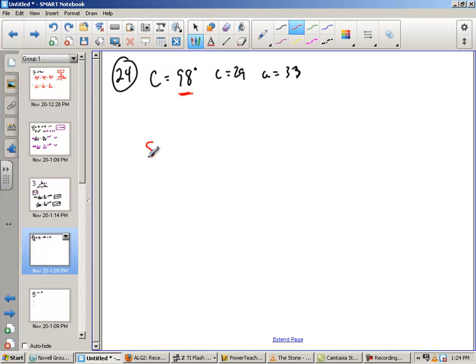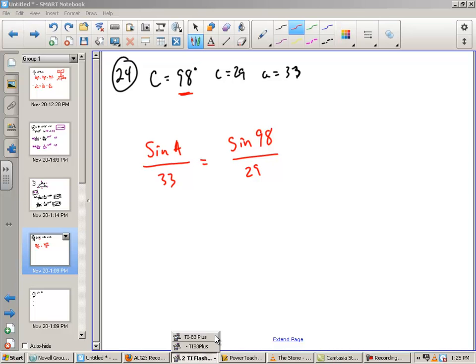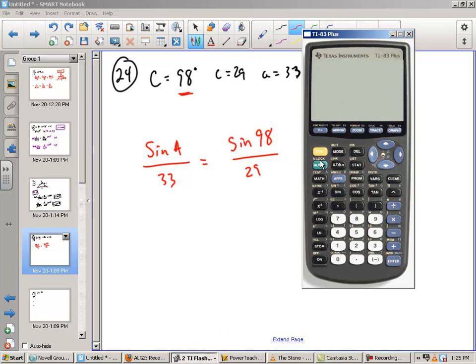to start with this. We're going to say the sine of A over 33 equals the sine of 98 over 29. I'm actually going to grab my calculator to do this. Alright, I'm going to keep it handy, clear this out.